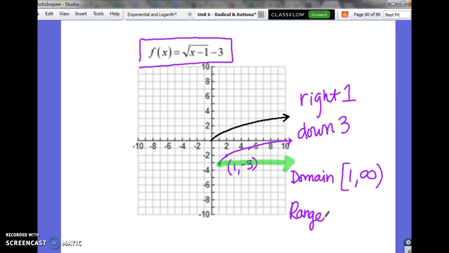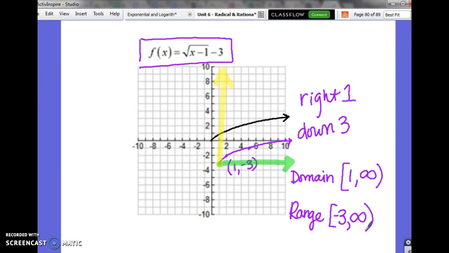Then when we talk about our range, those are our y values. So our y values start at negative 3 and then they rise forever. Since they start at negative 3, I will have negative 3 as my first number, and they go forever up, so infinity will be my second value in that interval notation.